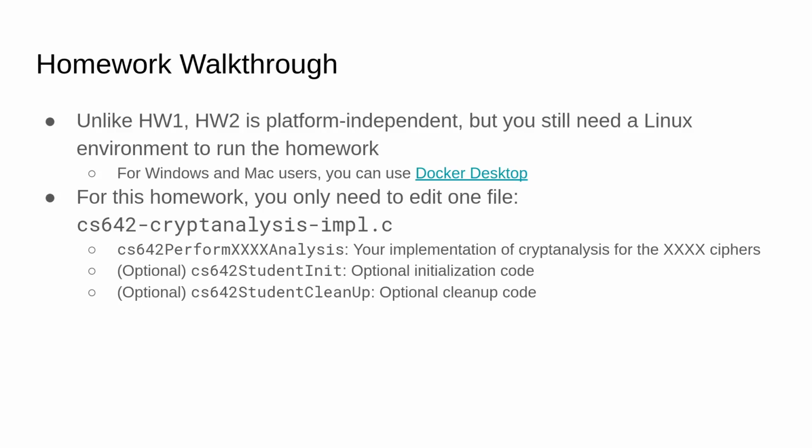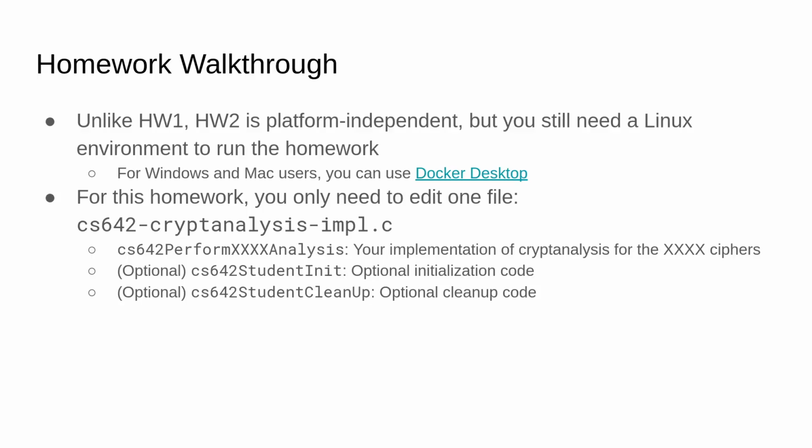There are also 2 optional functions that you can choose to implement or not, depending on how you implement your code. The CS642 student init is for your initialization code, and cleanup is for cleanup code, and they are both optional.